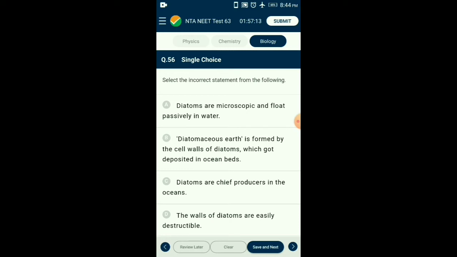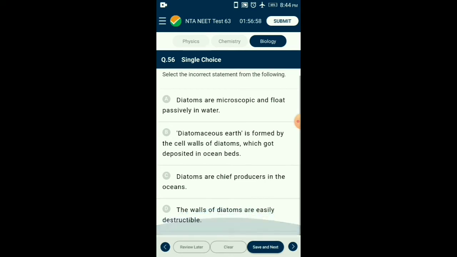The siliceous frustules of diatoms do not decay easily, and the siliceous frustules of dead diatoms get preserved, forming diatomaceous earth. So the answer for this question is option D. The walls of diatoms are easily destructible. So that is the incorrect statement.